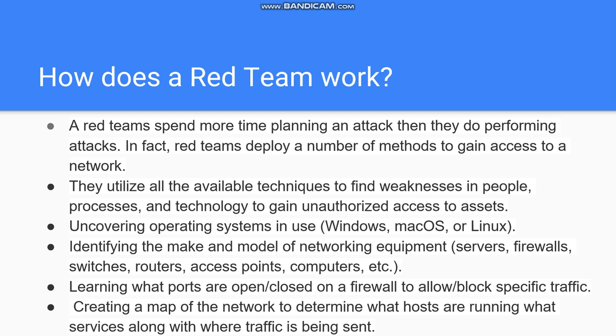So, point number one is uncovering the operating system in use, like Windows, macOS, or Linux. The second one is identifying the make and model of networking equipment such as servers, firewalls, switches, routers, computers, etc. And the next one is learning what ports are open or closed on a firewall to allow or block specific traffic. We can perform this by using Nmap or RustScan.